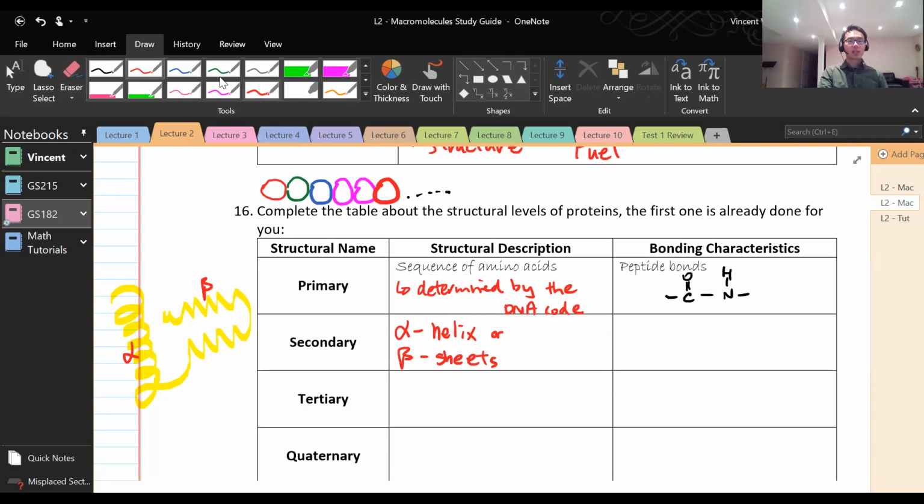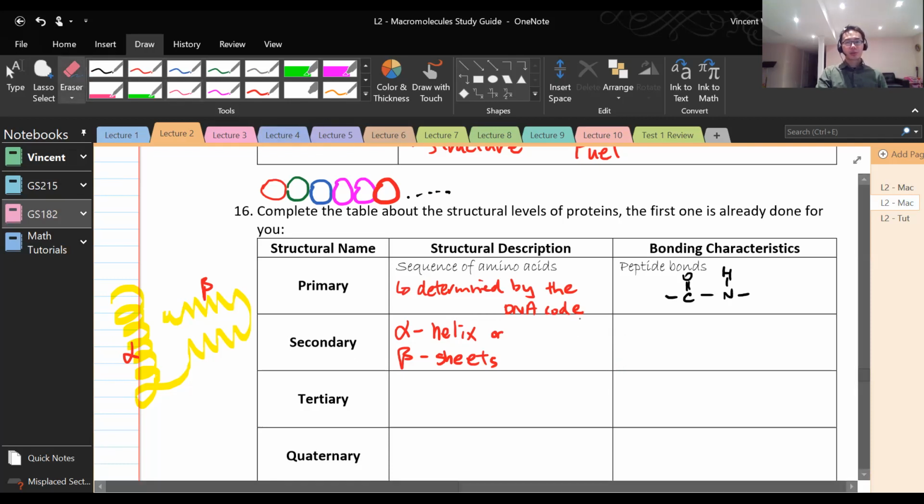Okay. And how do we hold them together in the secondary structure? Okay. The helixes and the sheets, they are held together by hydrogen bonds. Hydrogen bonds from the backbone. Okay, hydrogen bonds from the backbone.